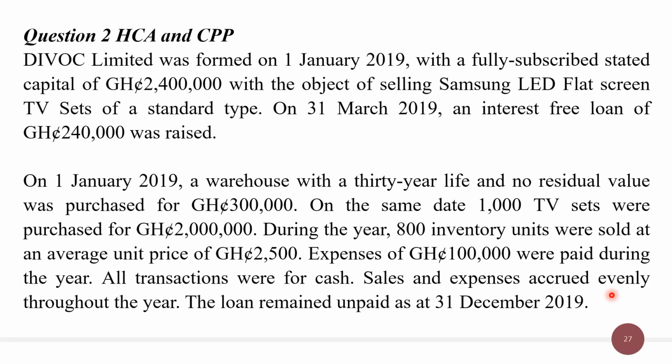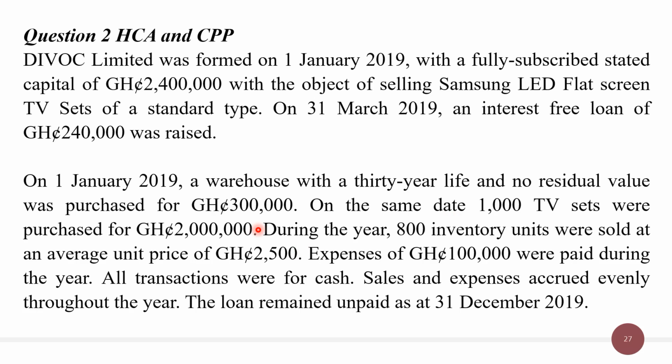On 31st March 2019, an interest-free loan of 240,000 was raised. On 1st January 2019, a warehouse with a 30-year life and no residual value was purchased for 300,000. On the same date, 1,000 TV sets were purchased for 2 million.